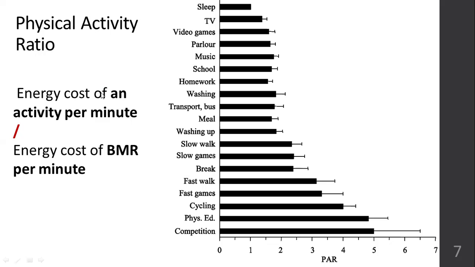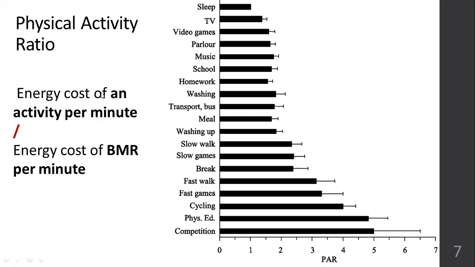So physical activity ratio means what? The numerator and the denominator are from two different areas. That is what makes up a ratio. Numerator is a different category. Denominator is a different category. That's what a ratio is.